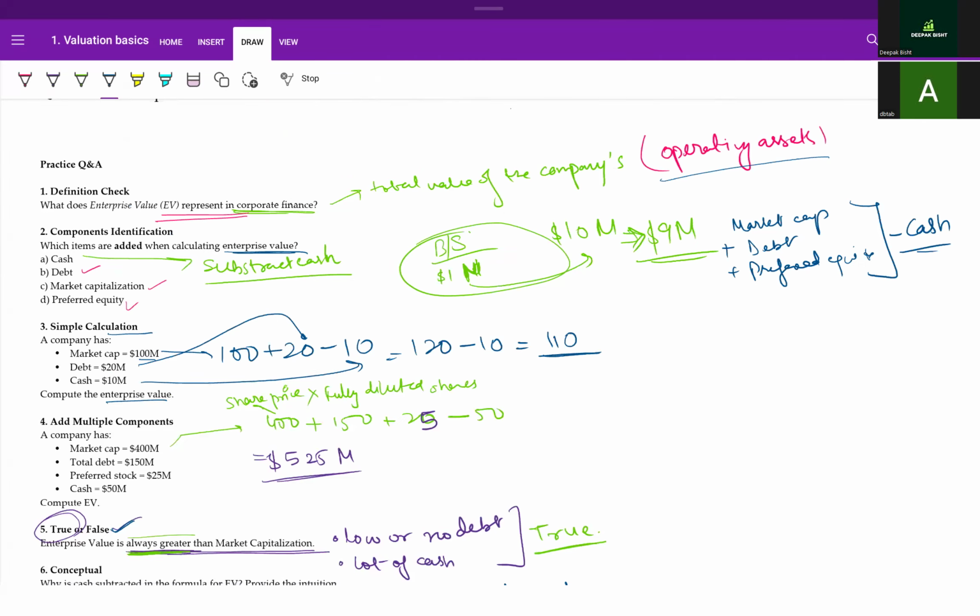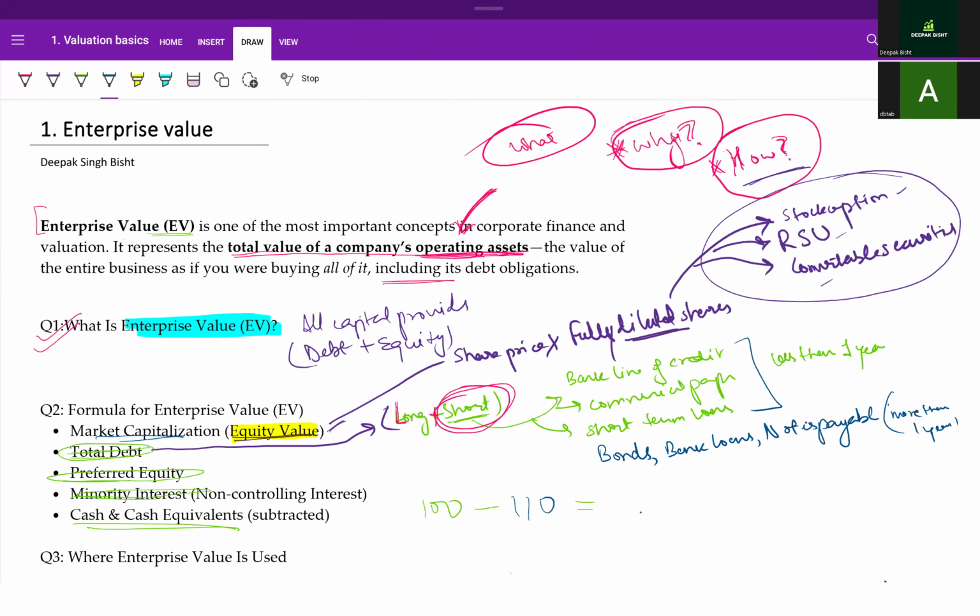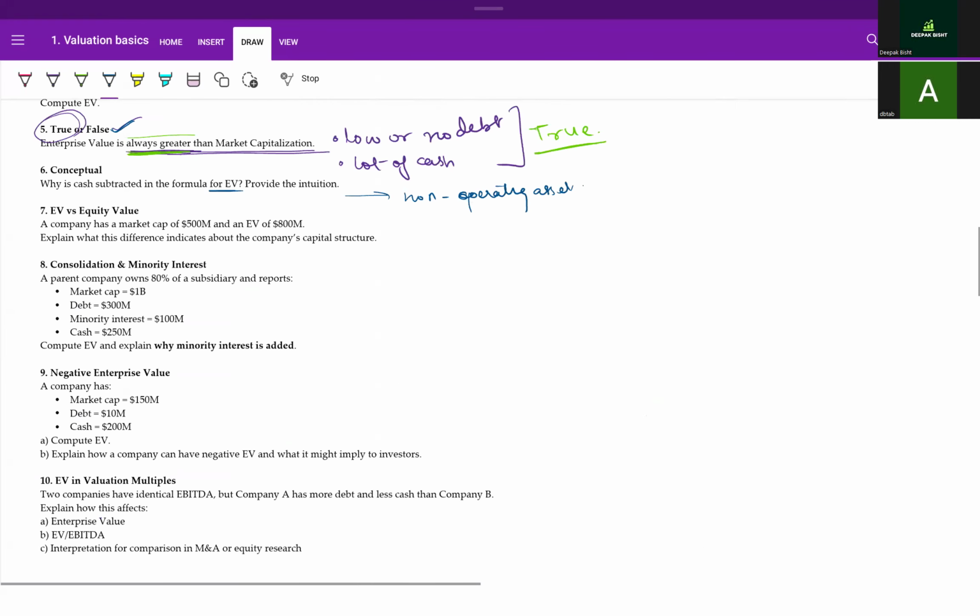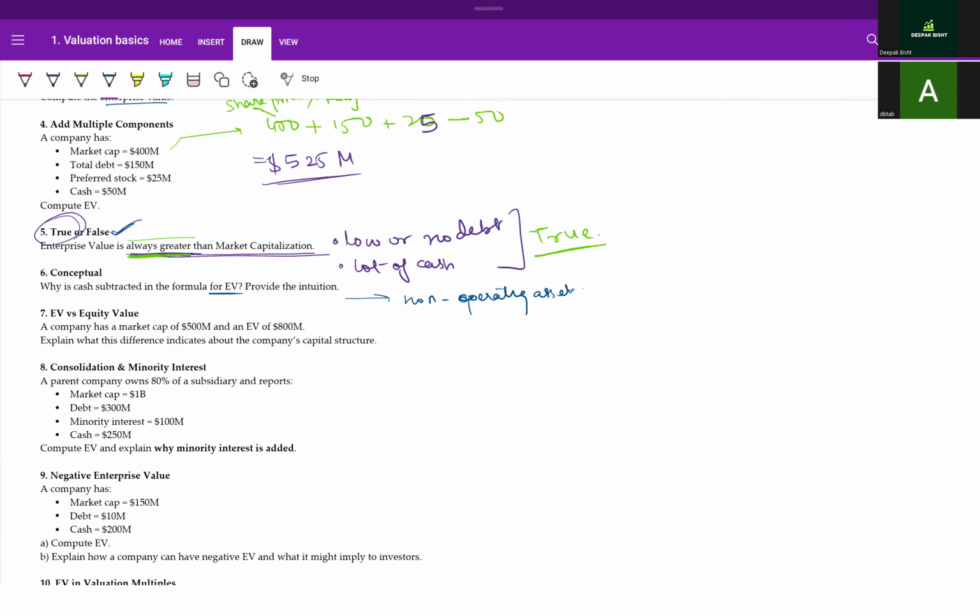That's why in the starting of the video I emphasized the operating assets and the debt obligations. So we are subtracting cash because it is a non-operating asset. Cash reduces the net cost to acquire the company. If you buy a company, you get the cash also, so you can effectively pay less for the operating business.